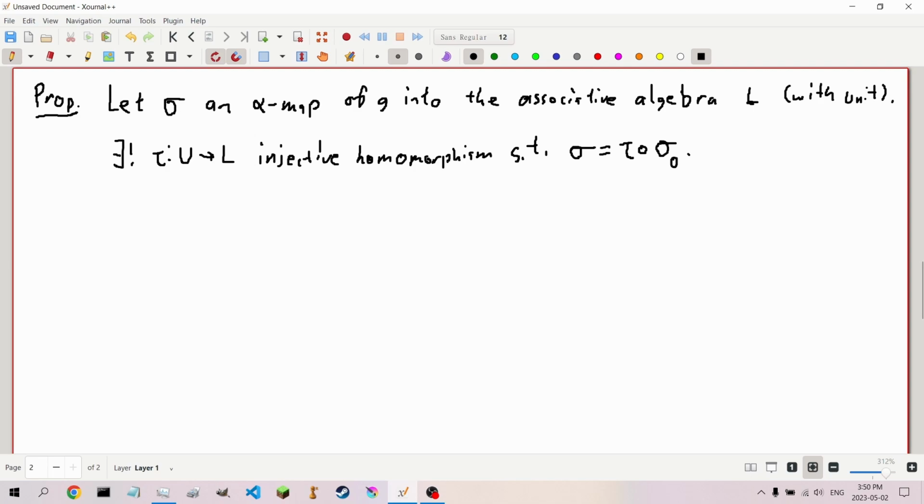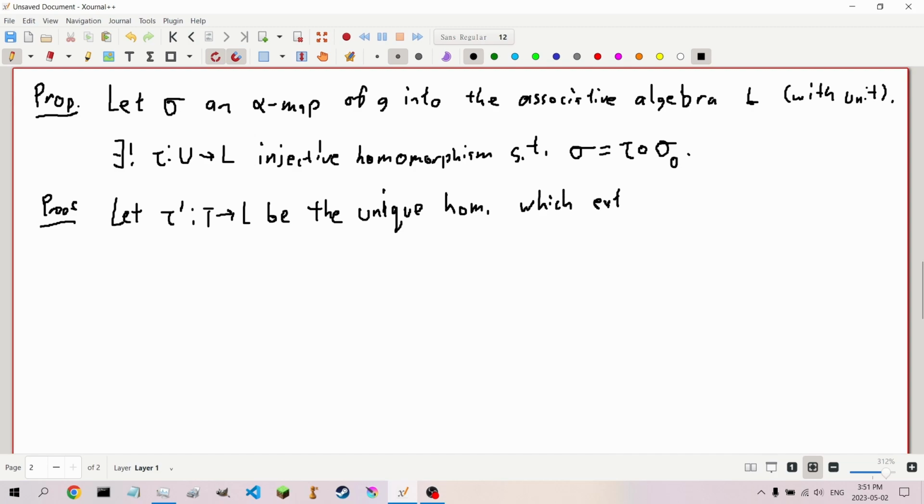So, how do we know this? Well, we're going to let tau prime from T of L be the unique homomorphism which extends sigma and is injective, essentially.